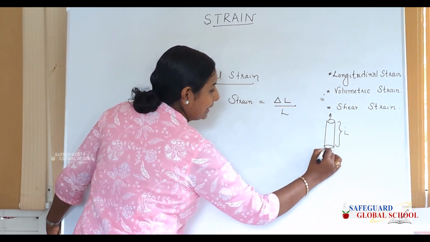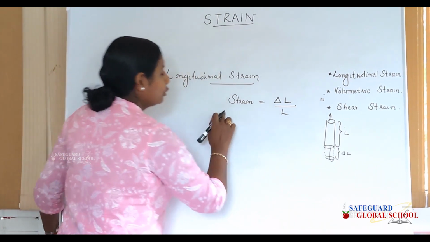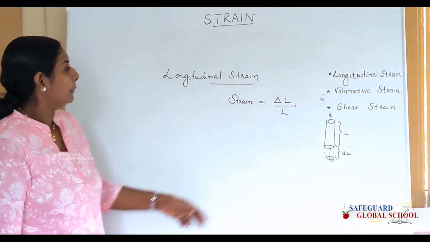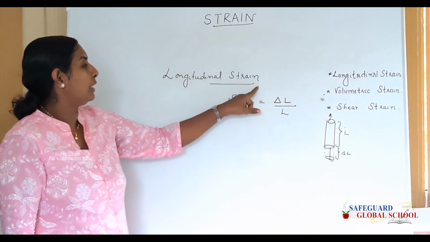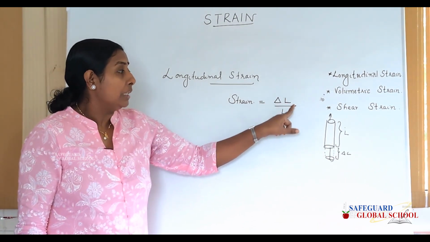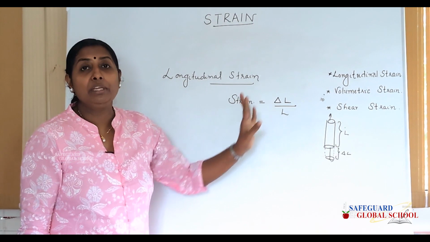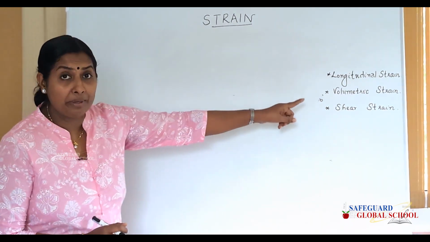In the second case, it extended a little so that the change in length is delta L. So longitudinal strain is delta L by L. As you know, this is some meter, this is also meter. It is not having any unit. Please note it.